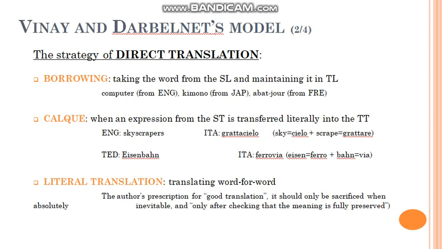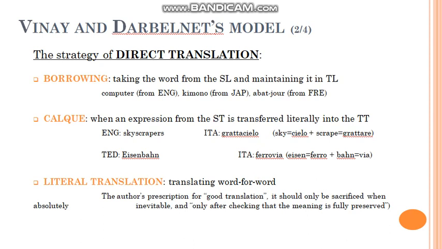In the Vinay and Darbelnet model, the strategies of direct translation are, first, borrowing: taking a word from the source language and maintaining it in the target language, like computer from English, kimono from Japanese, and abat-jour from French. Calque is when an expression from the ST, the source language, is transferred literally into the TT, the target language, like skyscraper in Italian, grattacielo, sky cielo, scrap grate, or ferrovia.